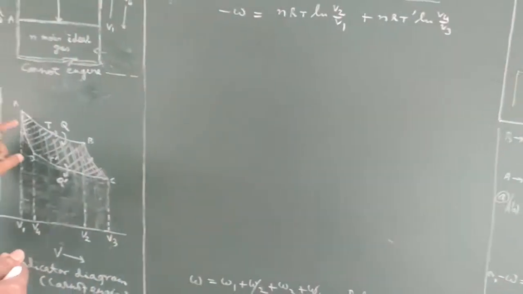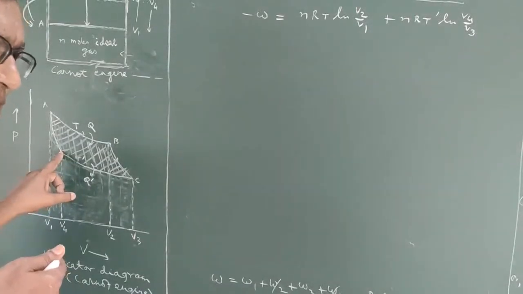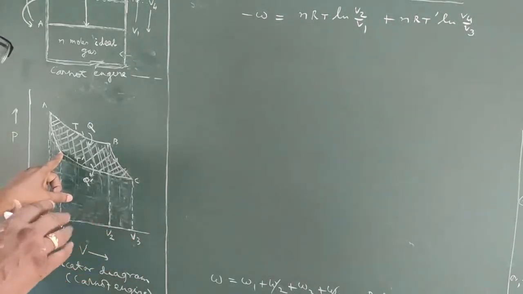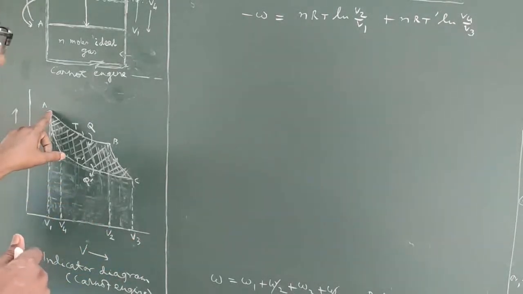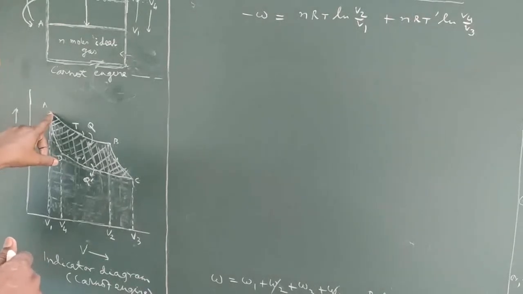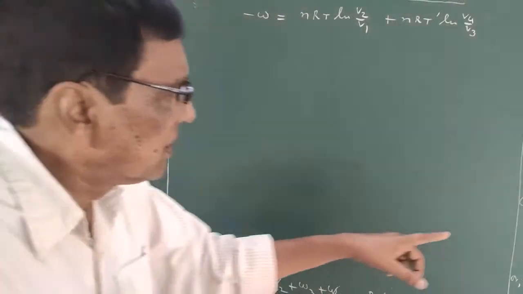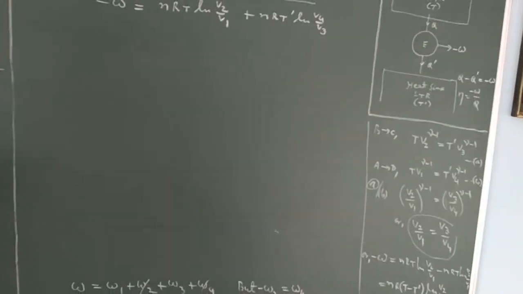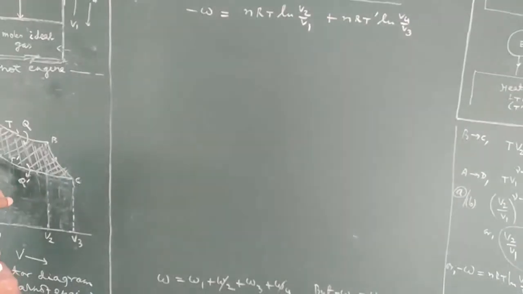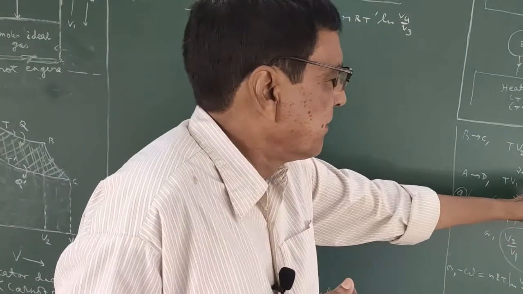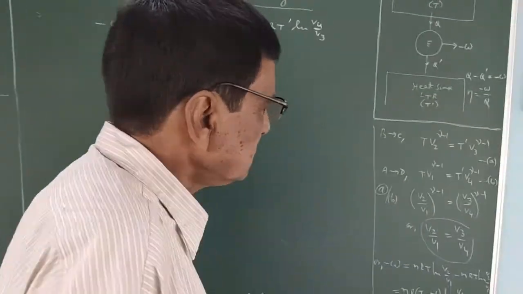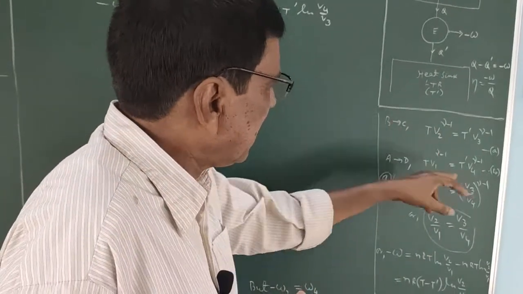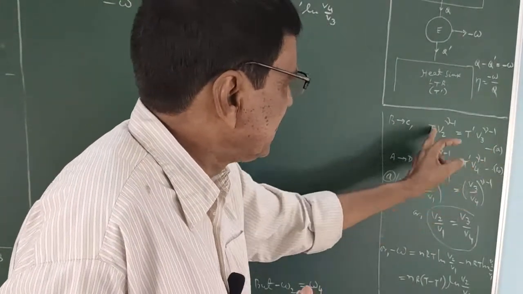And this step A to D, again it is a reversible adiabatic process for this ideal gas. So at A the temperature is T and volume is V1, so T V1 to the power gamma minus 1, and at this position D, it is T dash and V4 to the power gamma minus 1, equation B. So A by B, T will be cancelled.